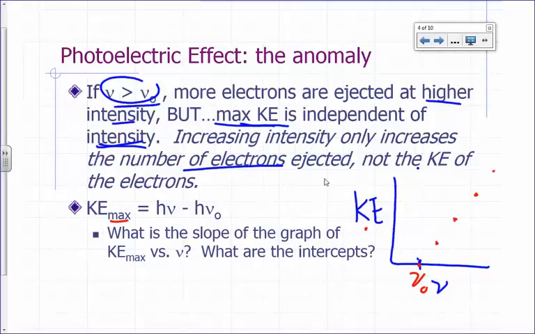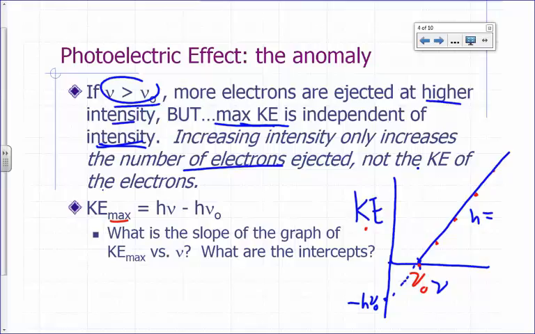And so if you fit those data points to a straight line, your data would have a slope equal to h. Okay? And the y-intercept would be negative h nu naught. In fact, when kinetic energy is 0, what happens?